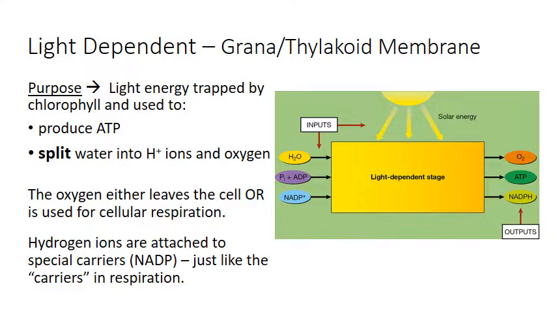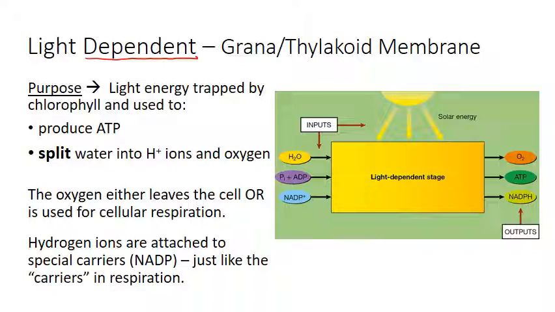Let's start with the light-dependent reaction, so stage 1 of photosynthesis. And just as the name of this stage describes, it's dependent on sunlight for it to occur.